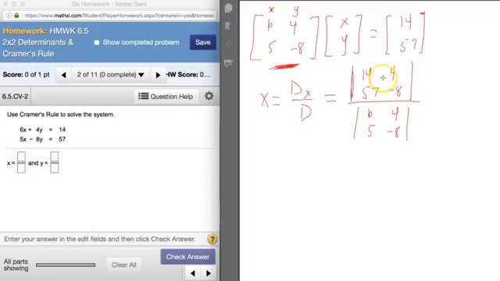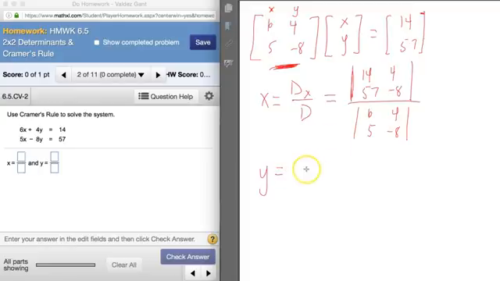So when we do this, we'll be doing 14 times negative 8 minus 57 times 4 to get the actual number there. And then for the denominator, 6 times negative 8 minus 5 times 4, which is 20 there. So this is how we would set that up.